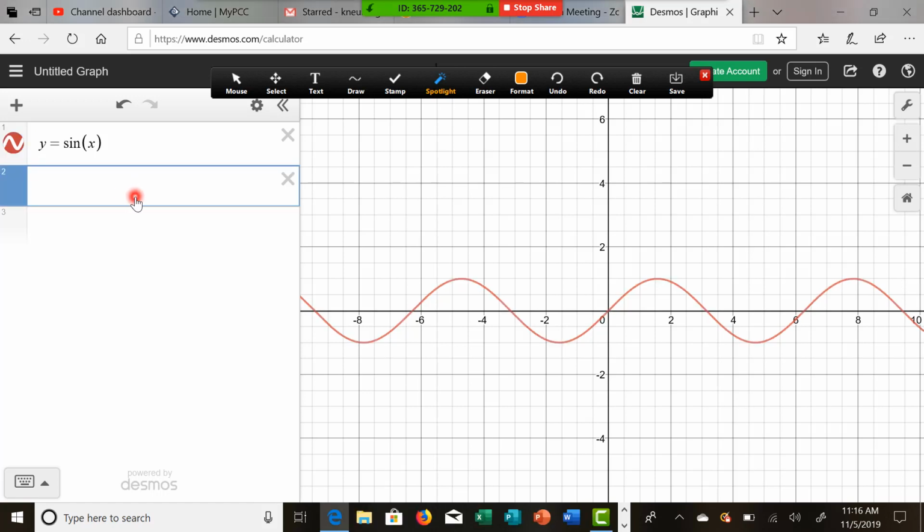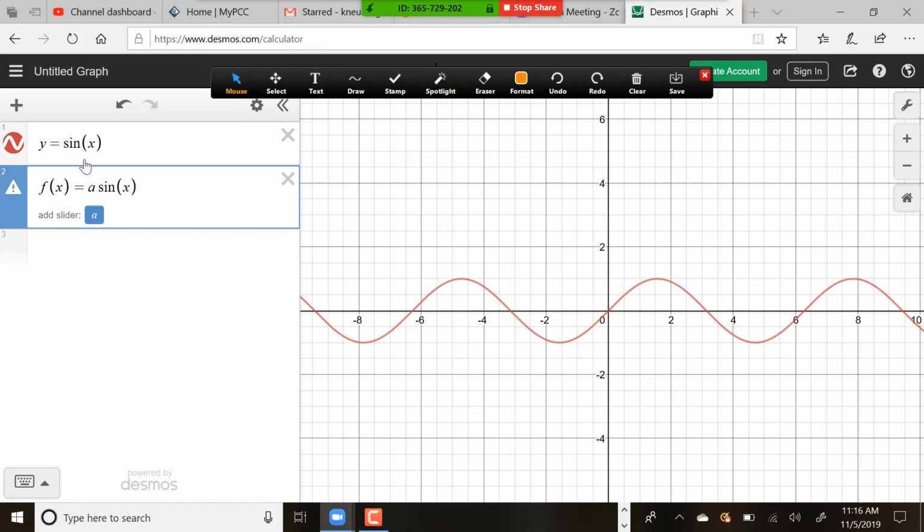And we're going to first take a look at having this function as f of x equals, and we're going to put an a in front of the sine x. This is as if you were multiplying the sine of x, or this function here, by a.